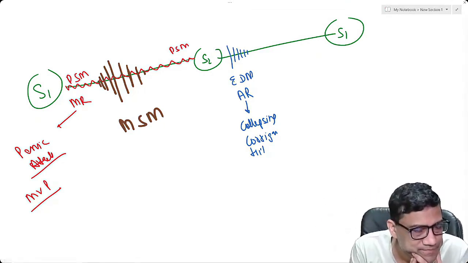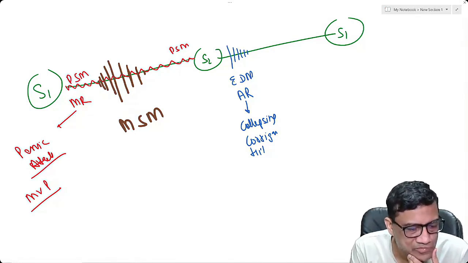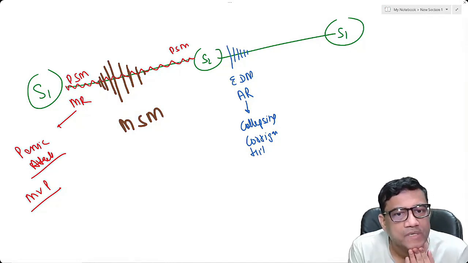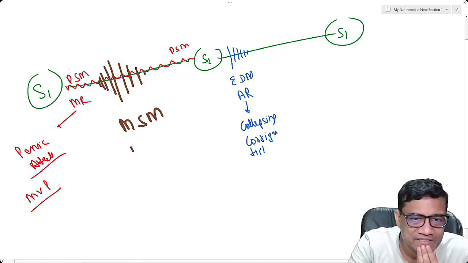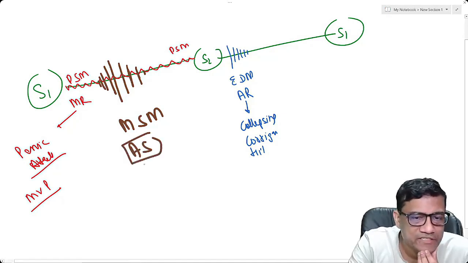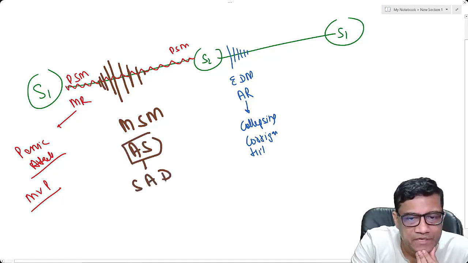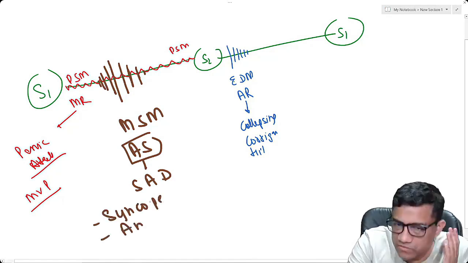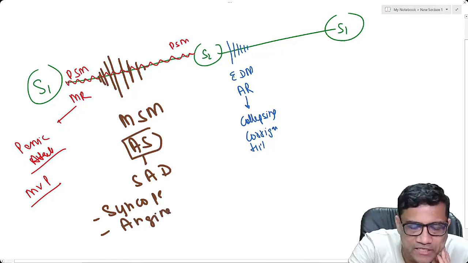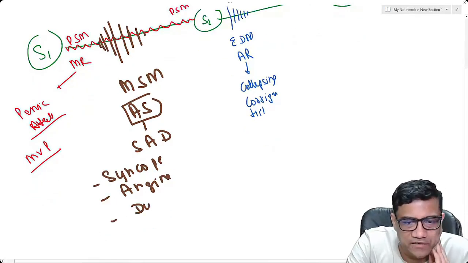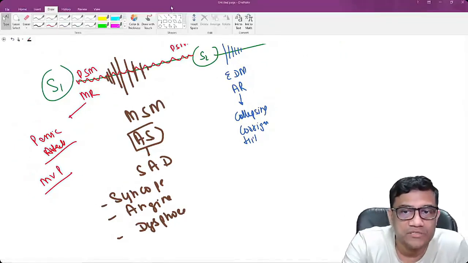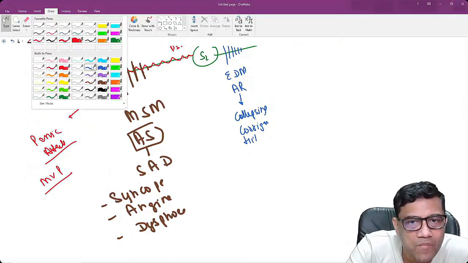MSM. Yes, AS. For clinical features, SAD. What is SAD? Syncope, fainting again and again, angina, and dyspnea, breathlessness. Very good.